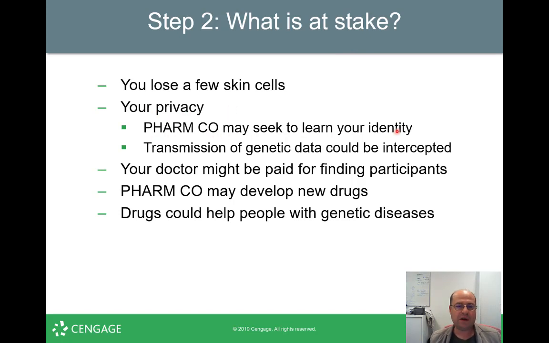If your skin cells are important, they may want to know more about you, if your skin cells can be used to advance scientific research. And also, if you have some genetic data, this could be intercepted by hackers. Would you want that? Would you mind? Your doctor might be paid for finding patient participants.